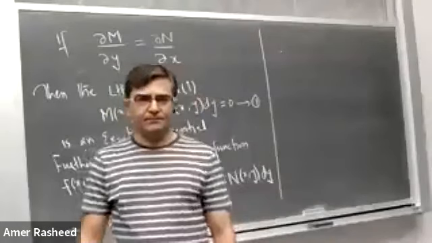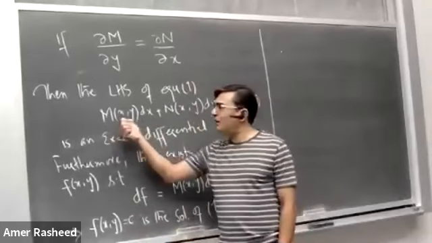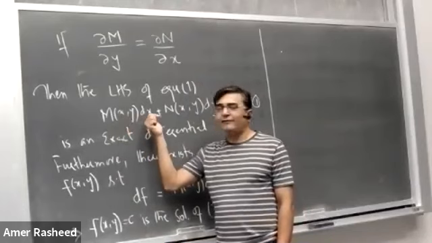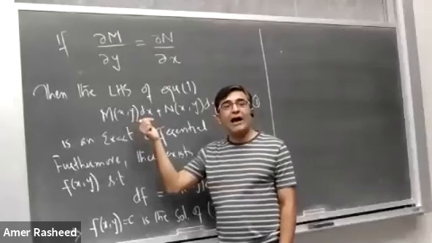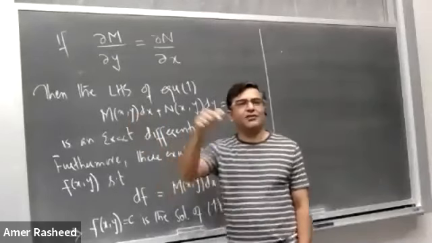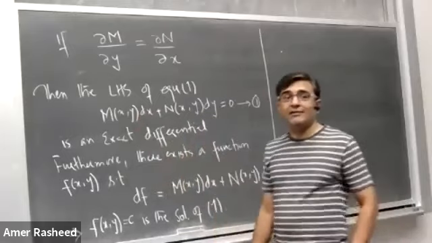We cannot integrate it directly because here you have a function M(x,y) with dx. If you integrate this with respect to x, what would happen with y? y is a function of x.